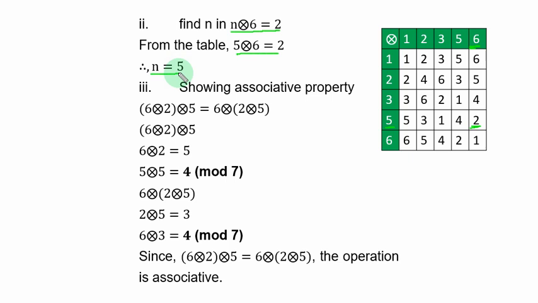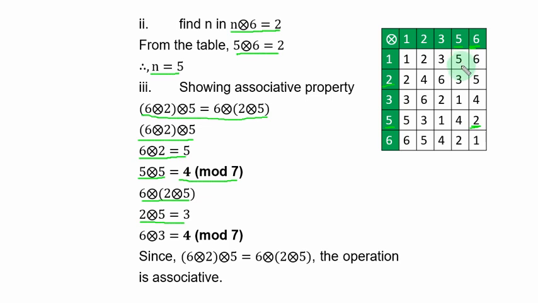Now question 3, showing associative property for this expression. We take the left hand side first, and if you take 6 times 2 is equal to 5. If you replace 6 times 2 with 5, you therefore have 5 times 5. From the table, you have 4. Then the right hand side, you start with the term in the bracket. That is 2 times 5 equal to 3. This is 2 and this is 5.